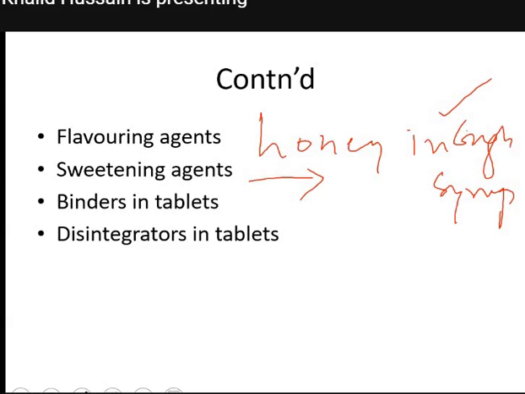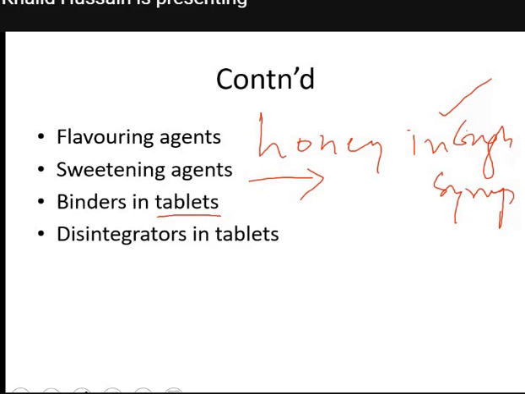Binders link the components, and in this way we can prepare a tablet. The tablet which you see has medicine and also contains binders, and binders are carbohydrates. Binders are needed to make the tablet shape.